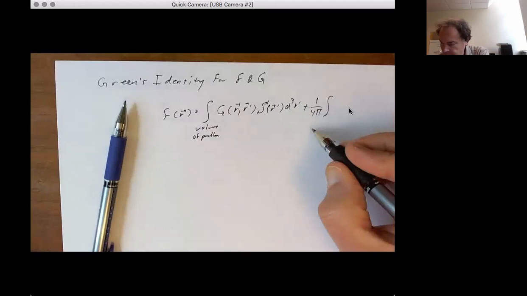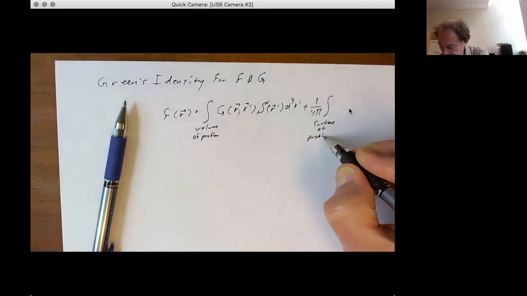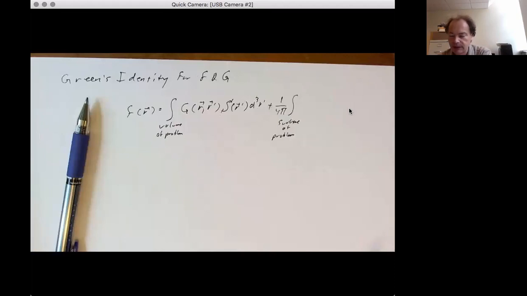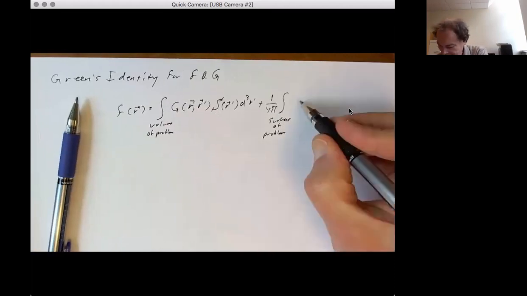So this is the surface of the problem. Let me shift this over so I can write the whole surface term, which is big.